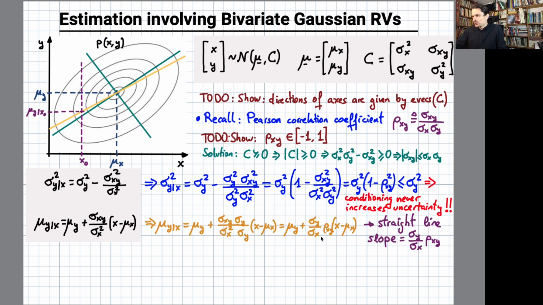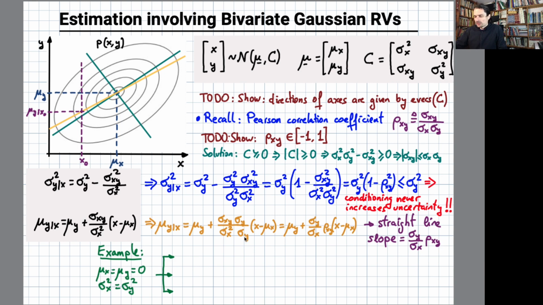Again, we see that if the variables are uncorrelated, right, then this slope is 0, right? The line becomes horizontal, and therefore the posterior mean equals the prior mean, okay?